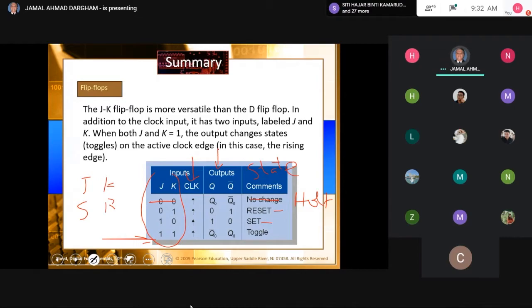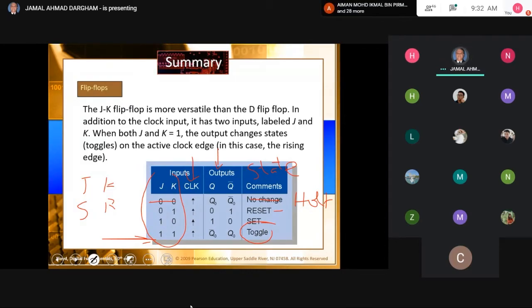And for the SR flip-flop, it used to be called "do not use" or invalid. Here it is different. It's called toggle. Toggle, what does it mean?